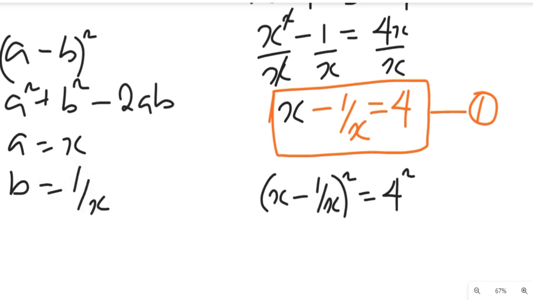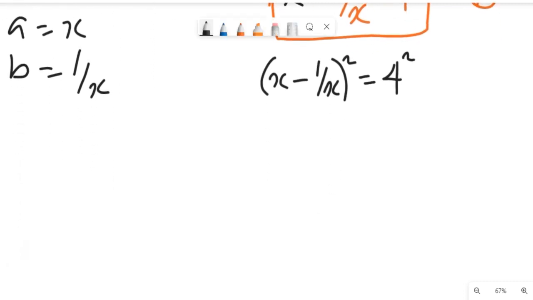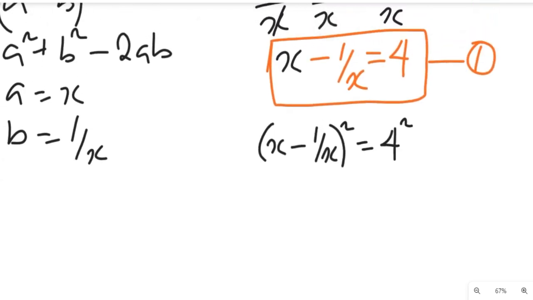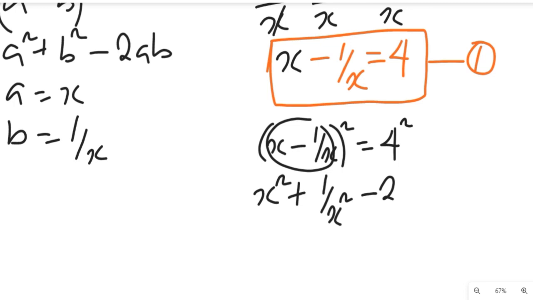So if we bring that expression over here, we are going to have x squared plus 1 divided by x squared minus 2 multiplied by x times 1 divided by x, that will give us 1. So that expression will give us 2, and this will be equal to 4 squared.